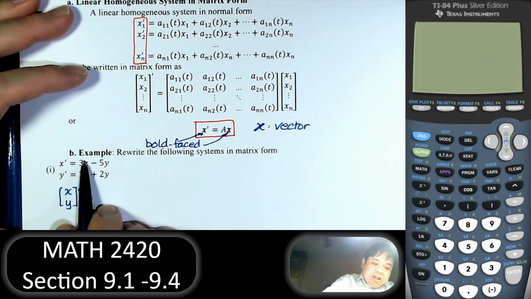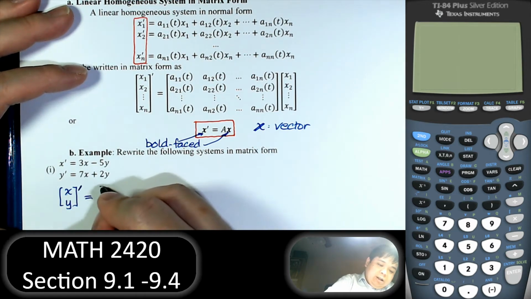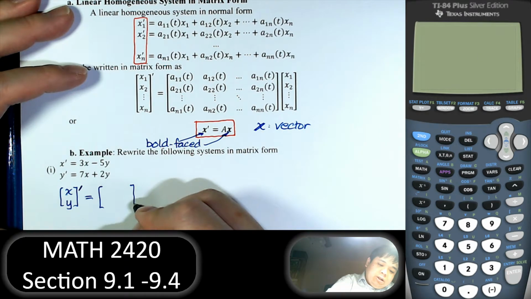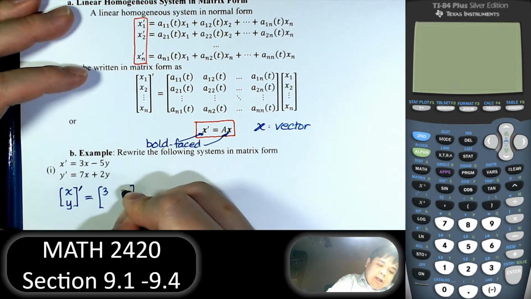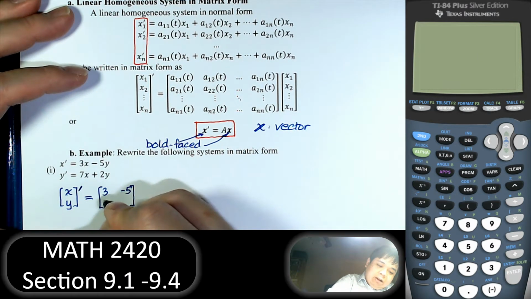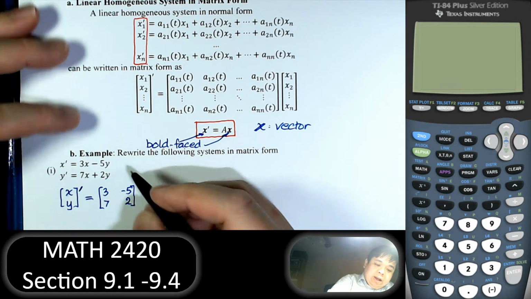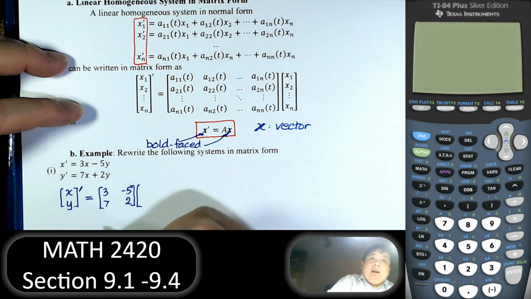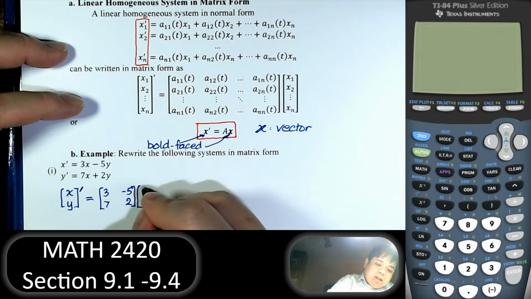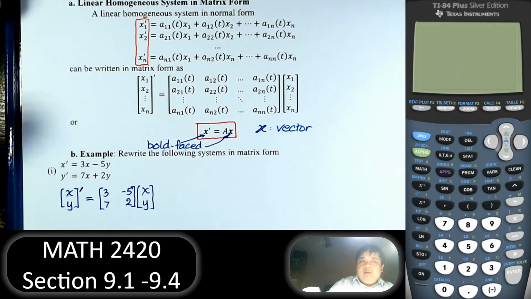Now we have this column for x, this column for y. The coefficients are 3, -5, 7, 2, and then we have the column of the variables. The first one is x, the second one is y.